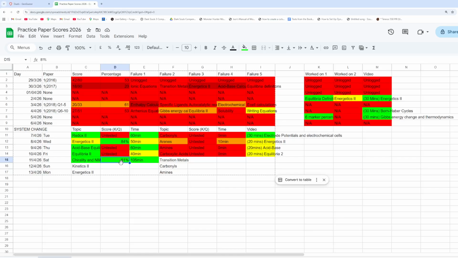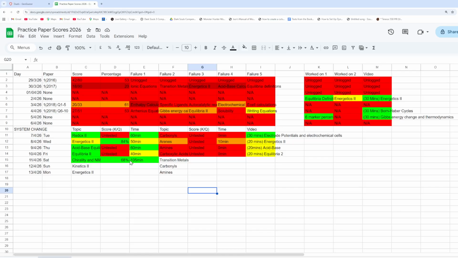I mean, oh, you know what I should do? If I remember the score correctly, last time it was 17 out of 21. So we just make it 17 out of 25, which would be much more fair. 68%. And we didn't even answer the 7 marker, so I'm not going to include that.